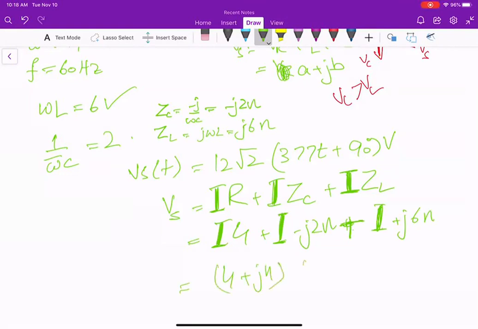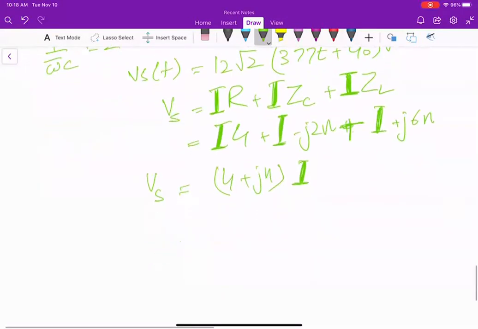And I. Yes. Okay. So what should I write here in the place of Vs? What do you think? I don't know its rectangular form yet.